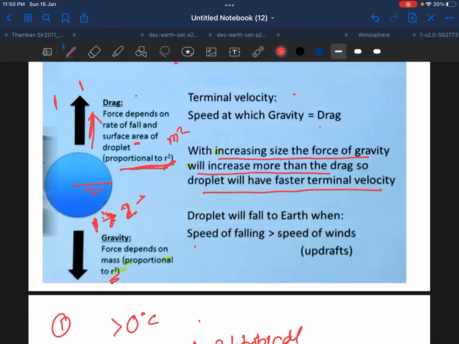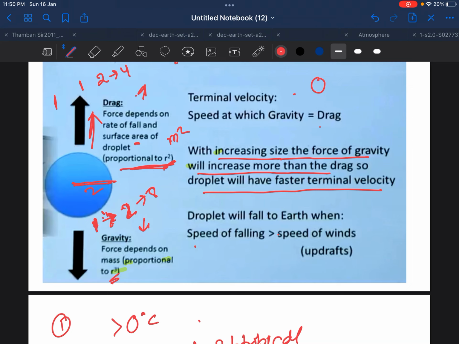Now the cube of 2 is 8, while the square of 2 is 4. So you can say that gravity is increasing at a faster rate than the drag force. That means the radius is the main factor which decides terminal velocity.